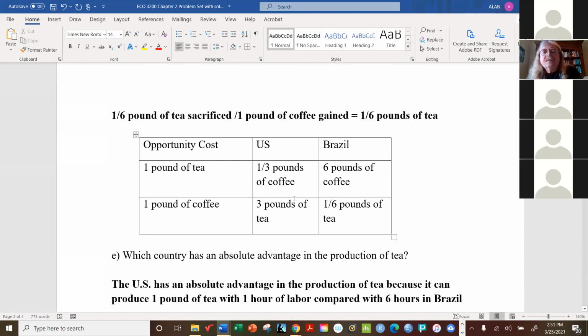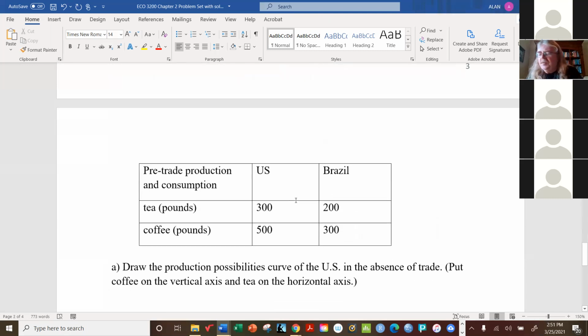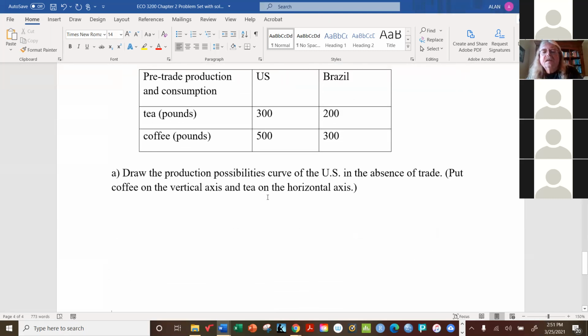So that means the production possibilities frontiers will be straight lines. It may not be immediately obvious, but because nothing else is indicated here, we can assume that the production possibilities curves are flat because the opportunity costs are constants.